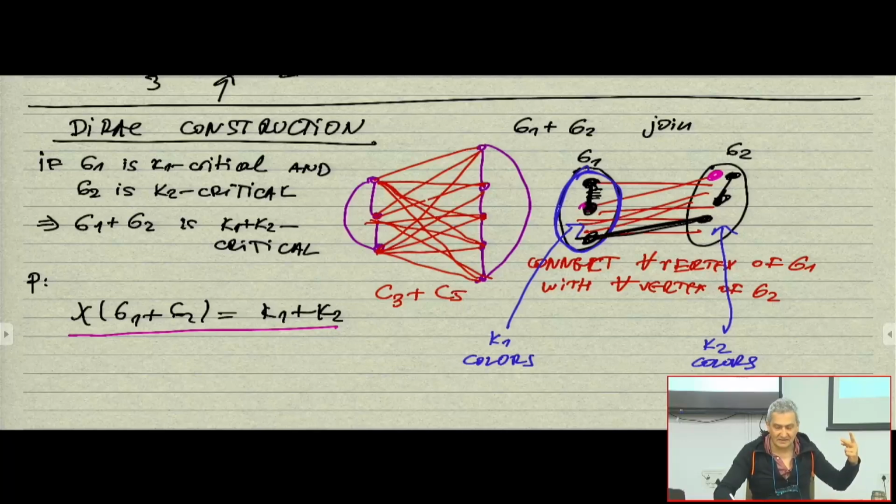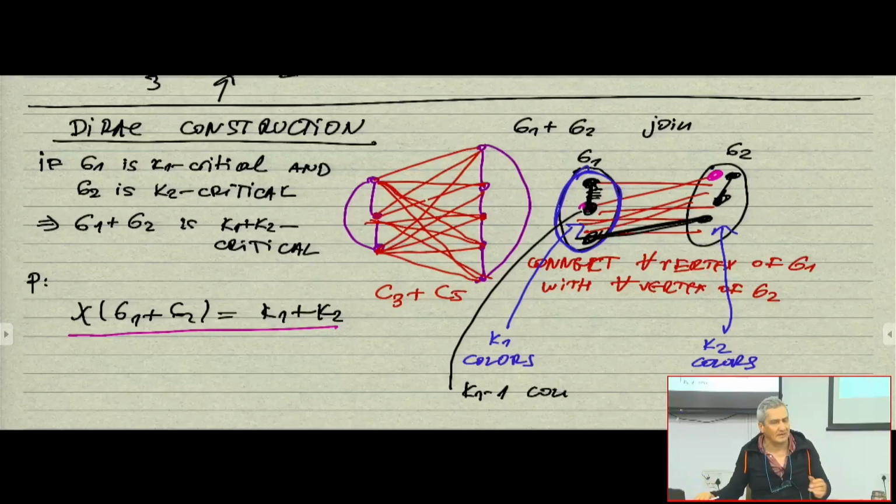We can color G1 with K1 minus 1 colors because G1 is critical, and then I color the rest normally. The same holds here: if I remove an edge in G2, I save one color, coloring with K2 minus 1 colors. Again, I color with K1 plus K2 minus 1.